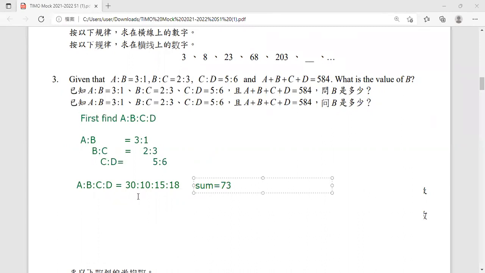So B will be equal to 584 times 10 over 73, which is 80. Because you can divide 584 by 73, which is 8, and then times 10 will become 80.